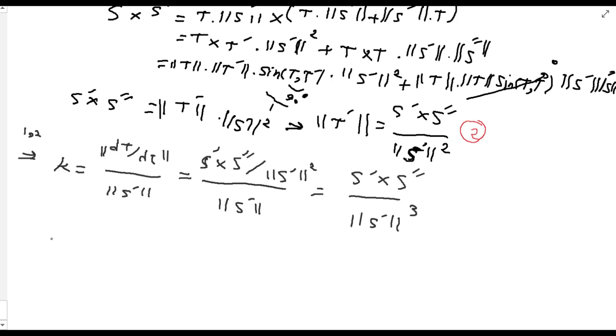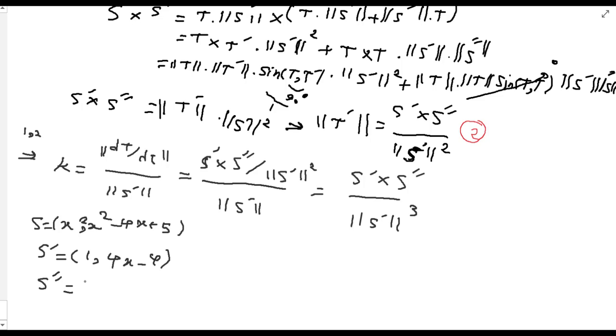Let's continue with what S is. S, according to the formula, was (x, 2x² minus 4x plus 5). So I can find the derivative of S, which is equal to (1, 4x minus 4), and again the derivative of S prime, which is equal to (0, 4).